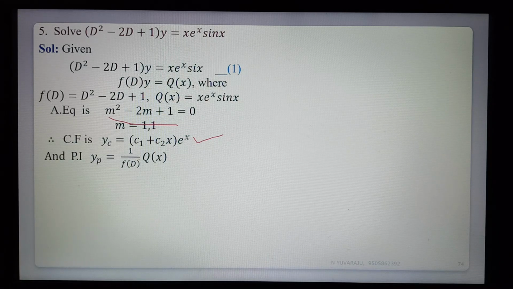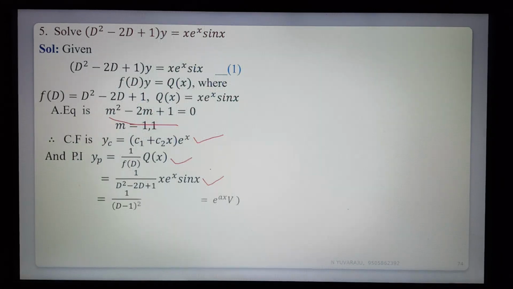So now finding the particular integral, 1/f(D) Q(x), that is equal to 1/(D² - 2D + 1) into x e^x sin x. Observing here the product of three terms together. So we have to choose x into V, no problem, but it is a lengthy procedure. First eliminating e^x, which is converted to e^(ax) into V, and using type 4 first of all, it is easy to get the solution.